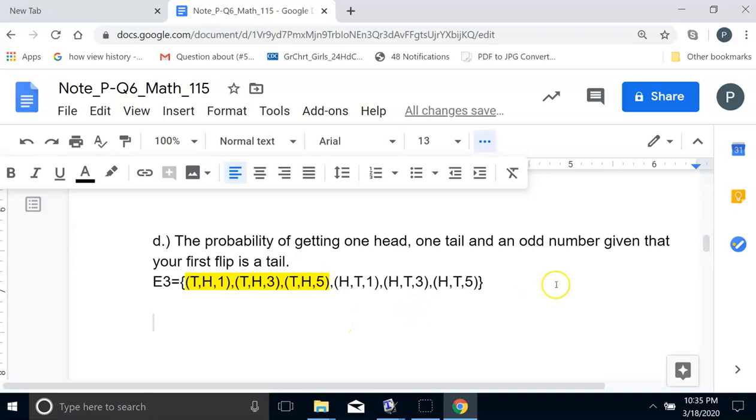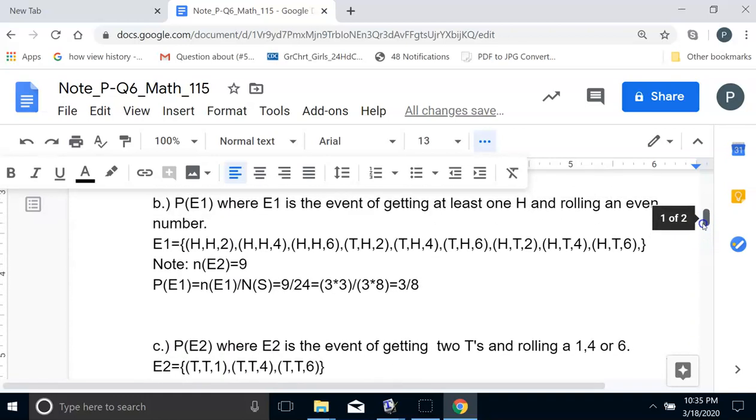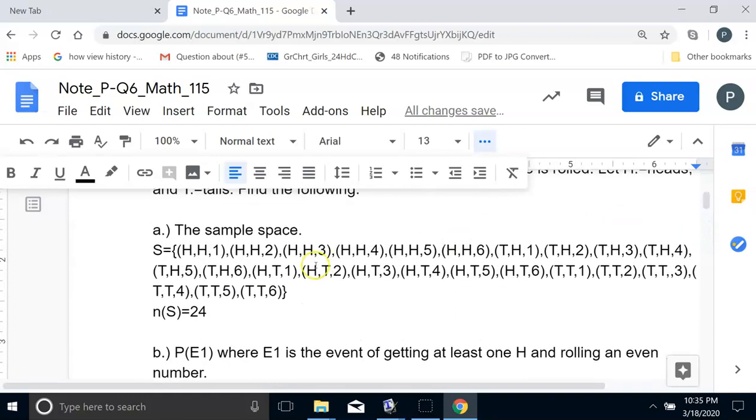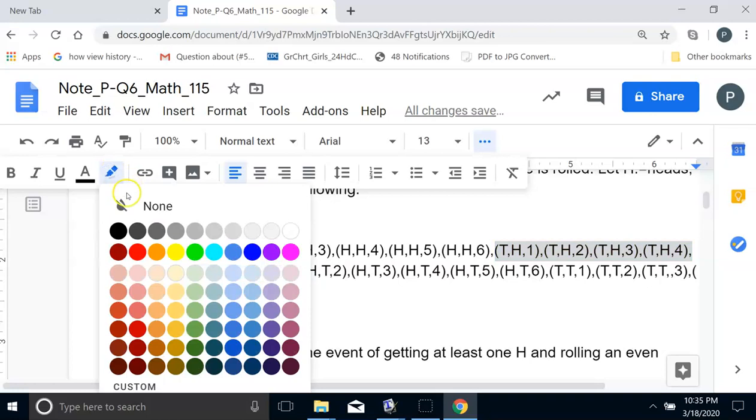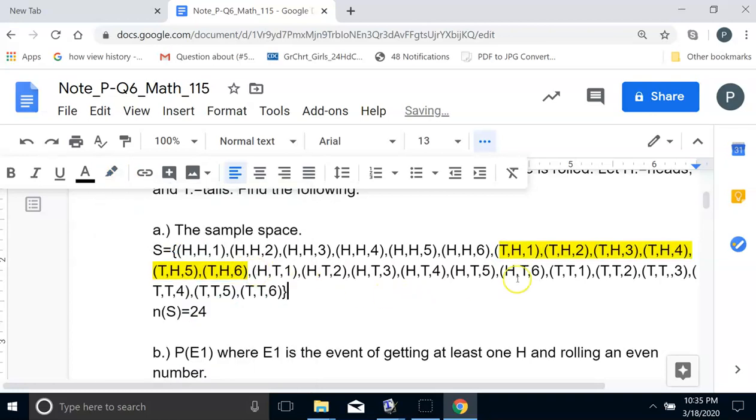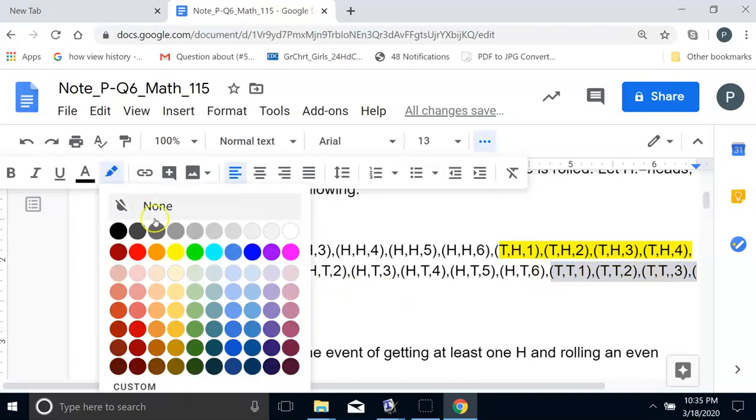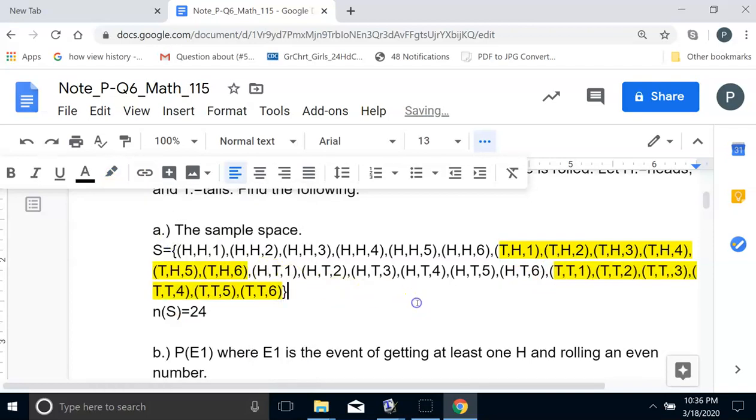Let's go back up to the sample space and see how many have the first flip a tail. We can see that it's these ones, along with these ones. It's pretty much half of them: 1, 2, 3, 4, 5, 6, 7, 8, 9, 10, 11, 12. So there's 12 of them.